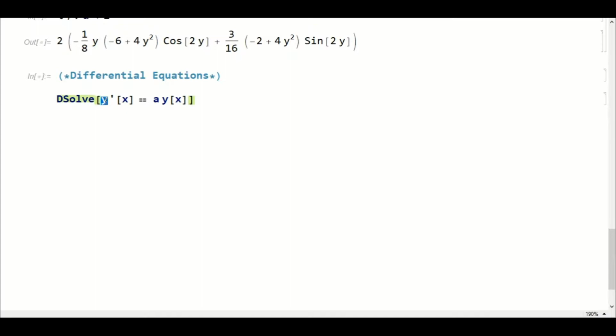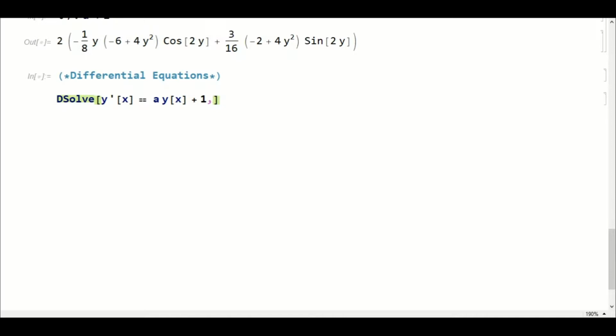First you have to write your equation, dy/dx equal to a y, plus one. This is our differential equation, and after this you have to keep a comma and write the dependent variable in this expression.